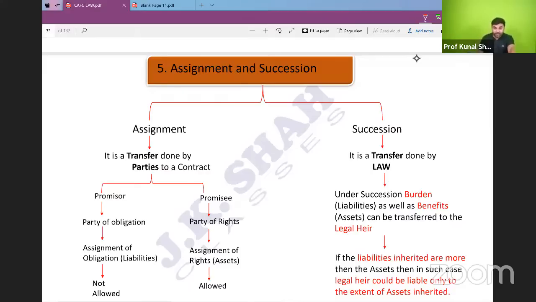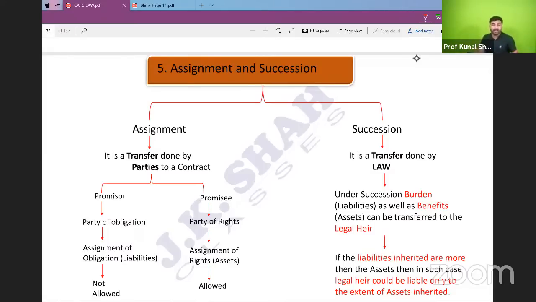But when I'm transferring my rights, people are dying to take my rights. So assignment of rights is 100% allowed. It is 100% possible also. So assignment of obligation, practically not allowed. Assignment of rights, allowed.